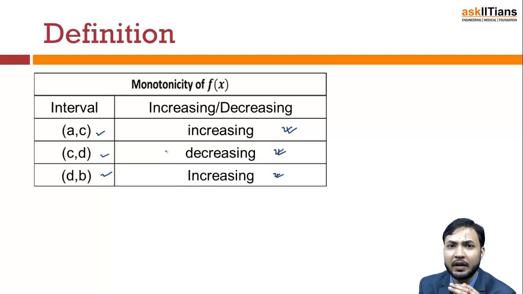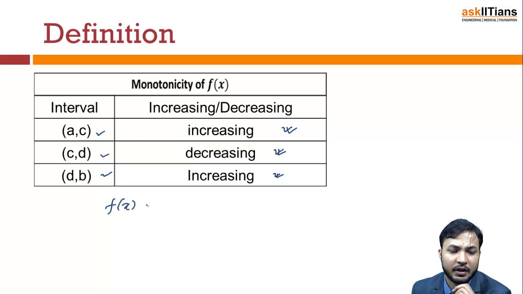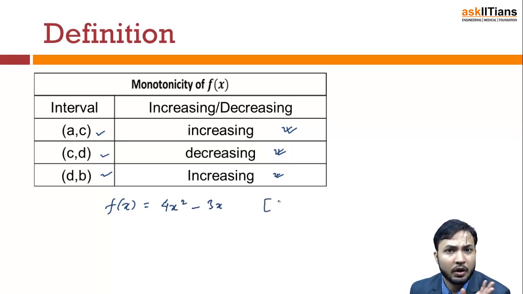Let's say I define a particular function during an interval 4 to 5, assuming, let's say my function is given by 4x² - 3x. Now during a particular interval, this is all complete assumption, 4 to 5, it might have some values.